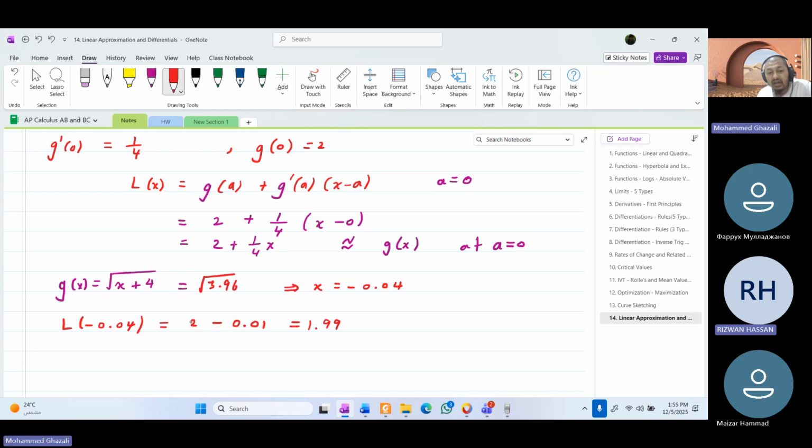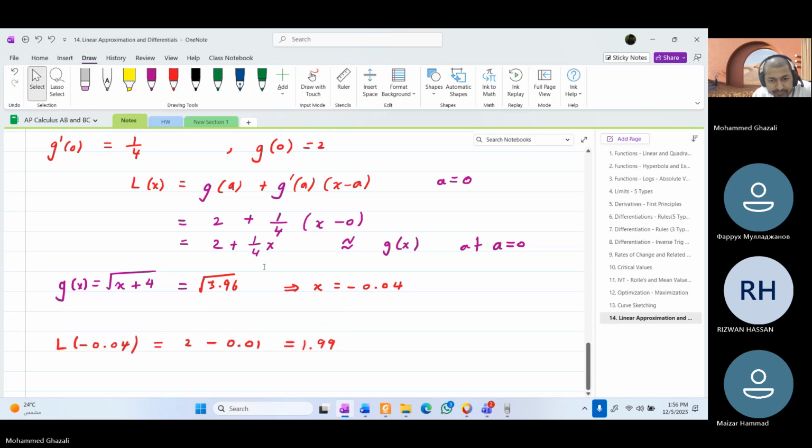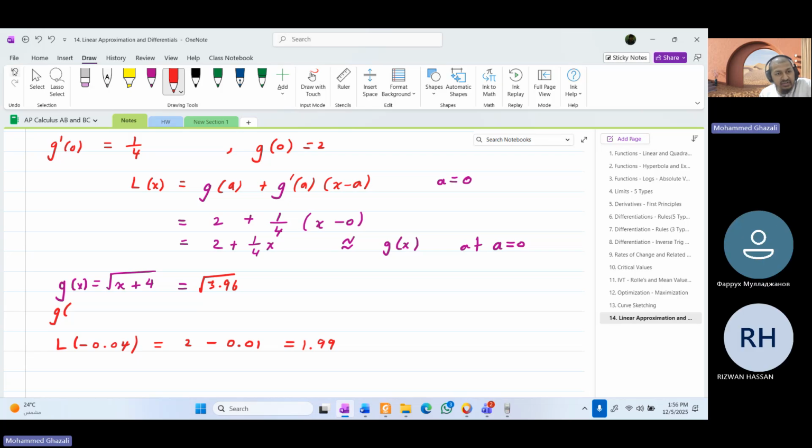Sorry, g of negative 0.04. So you can just say square root of 3.96 in this case and check what's the actual value. Let's put it here.